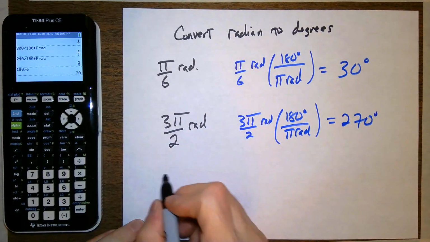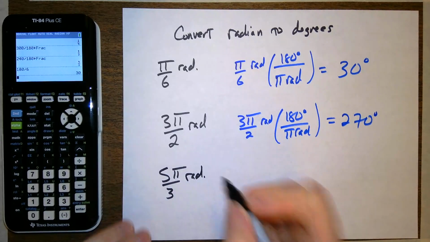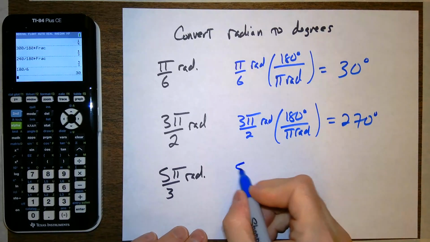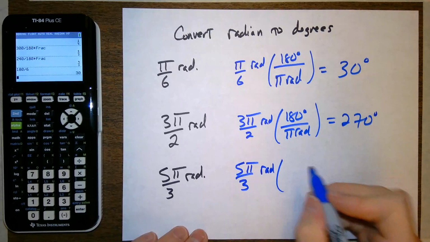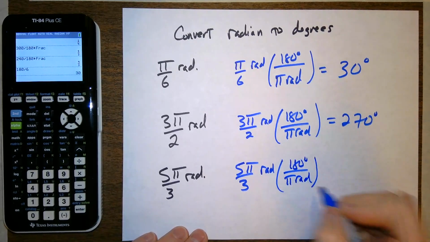All right, one more. How about 5 pi over 3? Convert to degrees. Five pi over 3 radians times 180 degrees over pi radians.